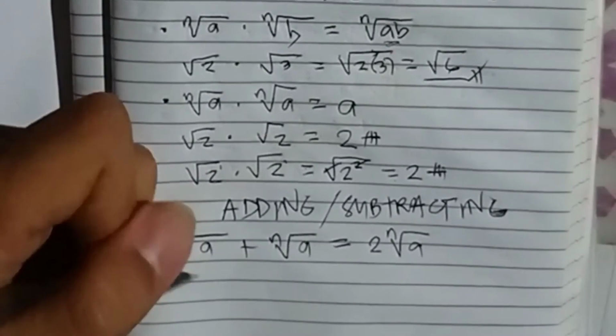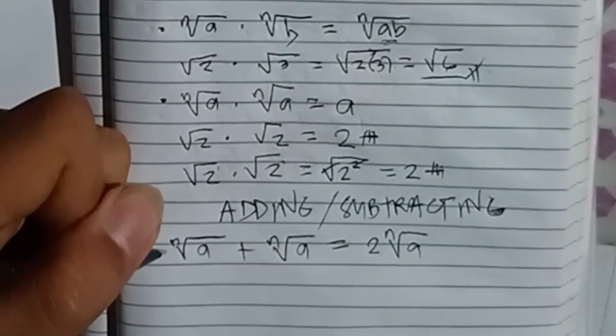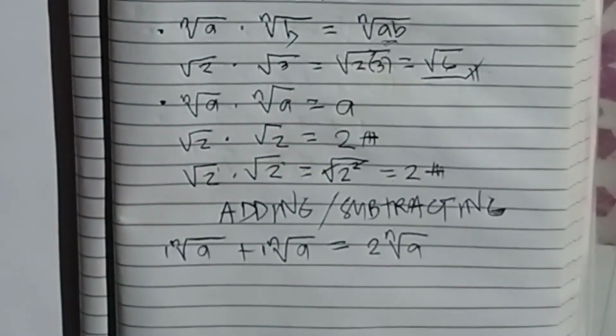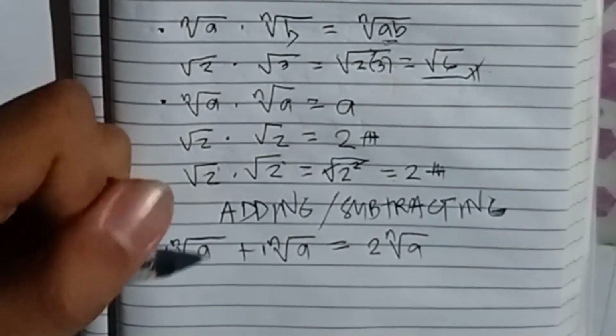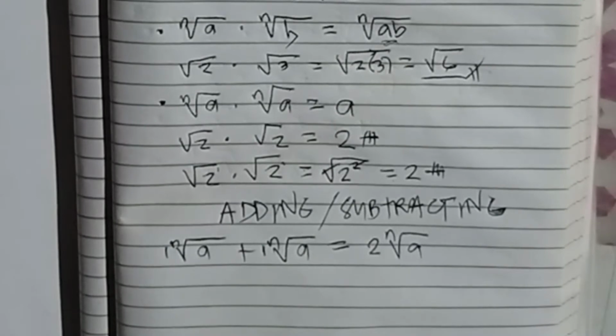Why? Because we have outside the radical sign, meron naman tayong dyang 1, understood na 1, yun yung i-add natin. Given na dapat yung radical part natin is the same with the other term.